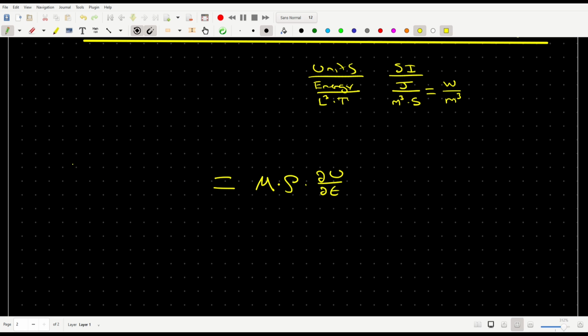This is the volumetric flux of energy. And specifically it's the flux density, the volumetric density.